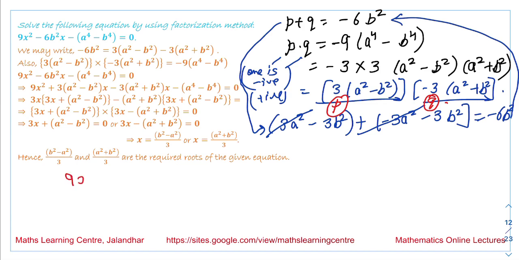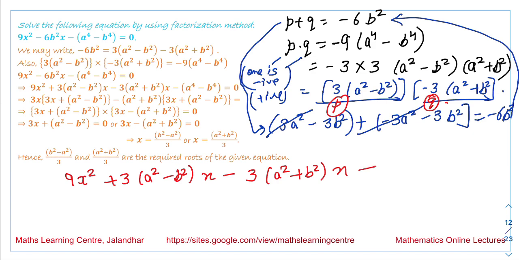So we write 9x square plus 3 into (a square minus b square) into x minus 3 into (a square plus b square) into x minus the next term, a raised to power 4 minus b raised to power 4, which we can write as (a square plus b square) into (a square minus b square), equal to 0.